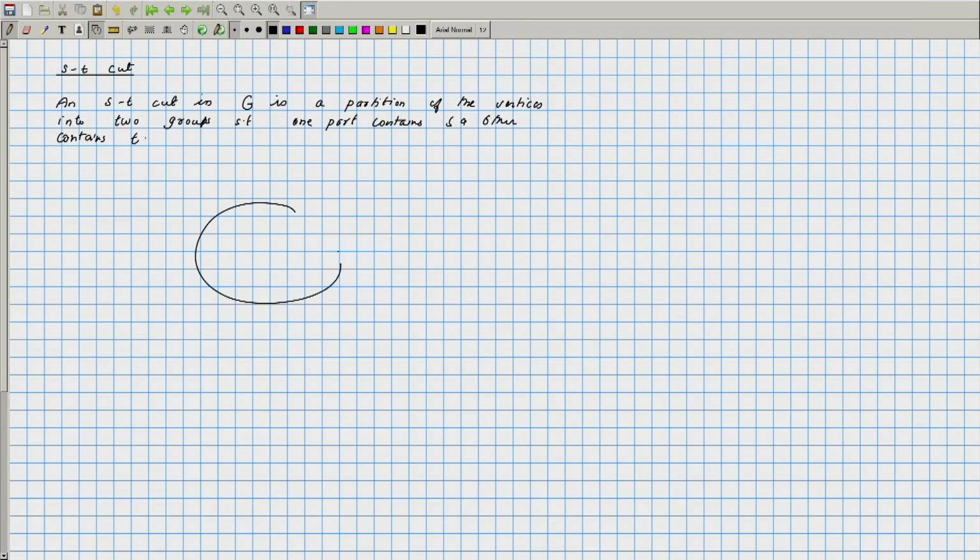So, these are the vertices. If we split it into two parts and this part contains S and this part contains T, then this split is called an ST cut.